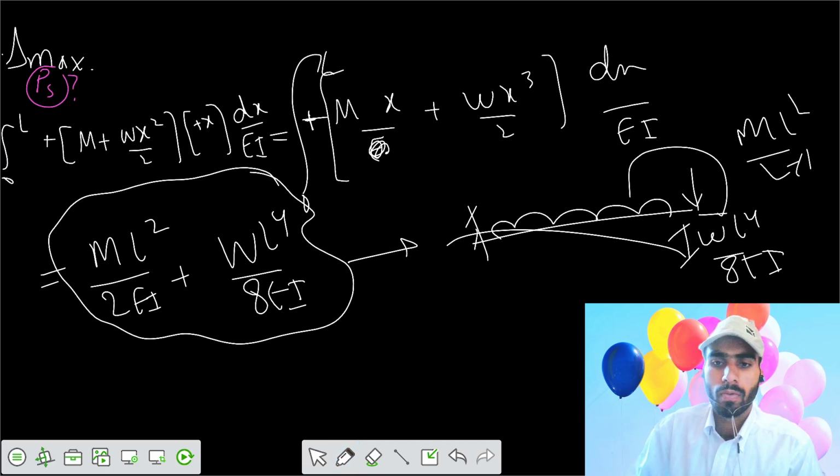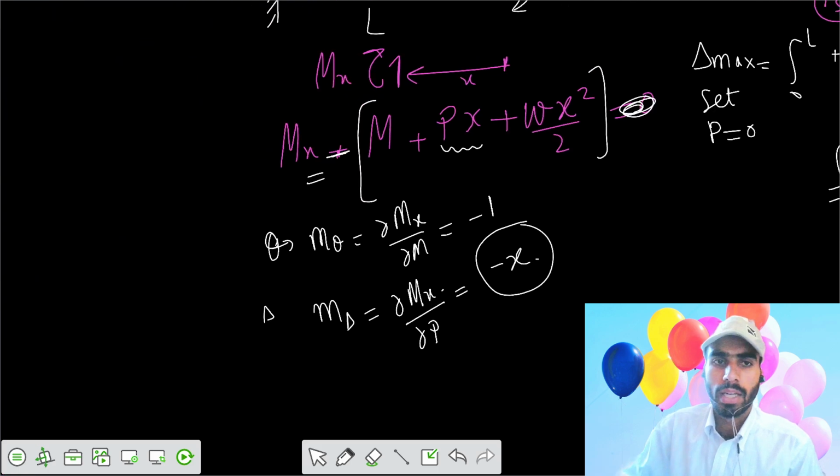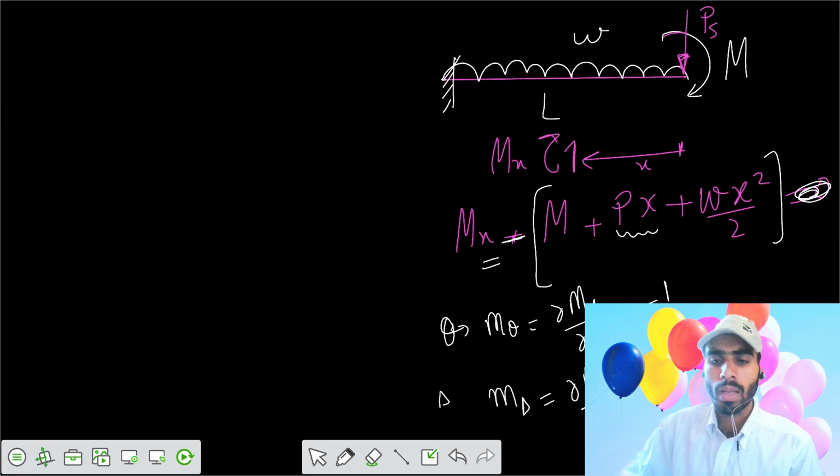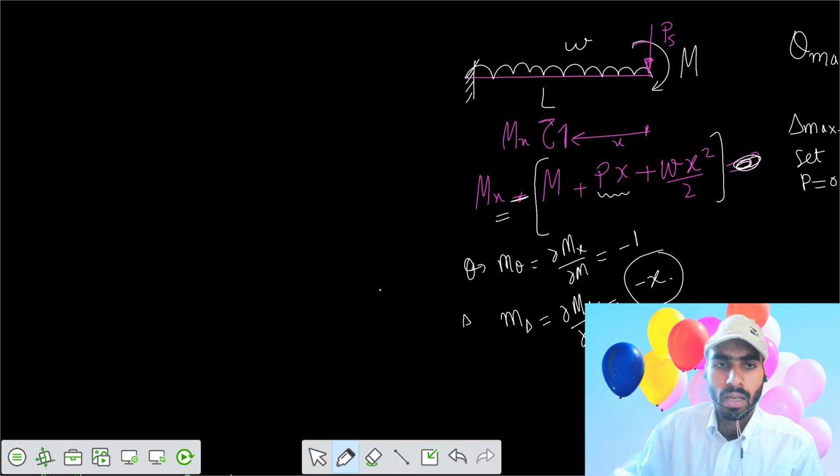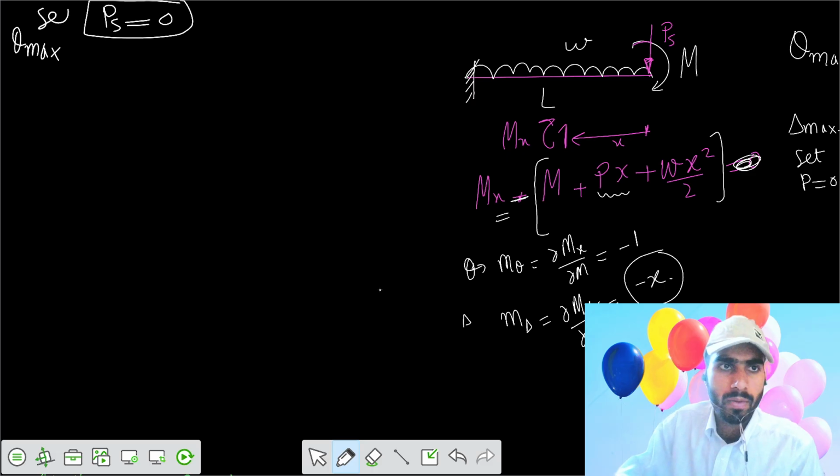Now we want to find the value of theta maximum. In this we have to set the value of p equal to 0, because p was not there. We have applied zero moment. This was only used for calculation of delta. It was not used for calculation of theta, so we substitute its value as 0.